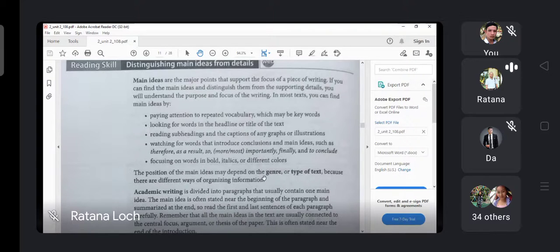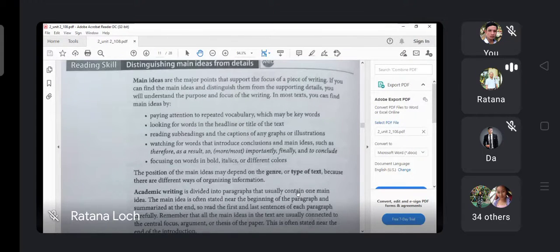For example, therefore, as a result, more or most importantly, finally or eventually, to conclude. So they have many words.